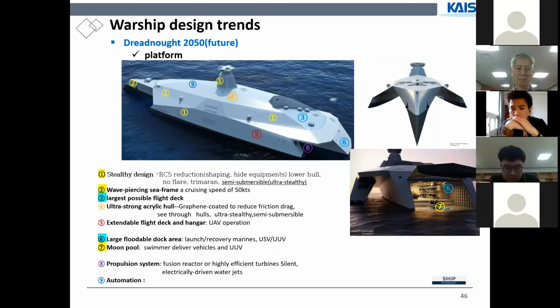So RCS reduction, shaping, no equipment outside. All the equipment hides inside the structure. Very low hull.